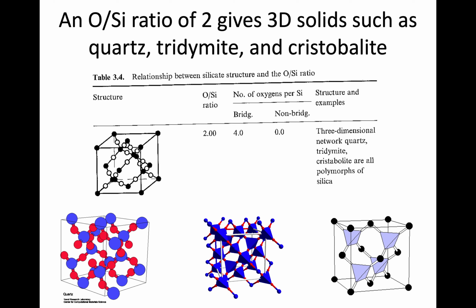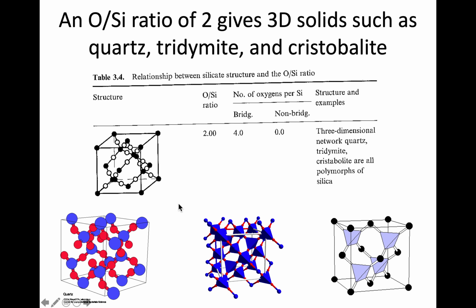You've probably heard of this: silicon dioxide, also known as silica, which is basically quartz. Cristobalite and tridymite are polymorphs of that structure, and if it's amorphous, that's the basis of fused quartz as well. So these are all networked structures.